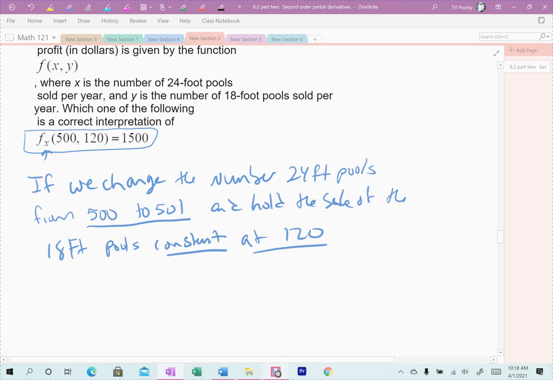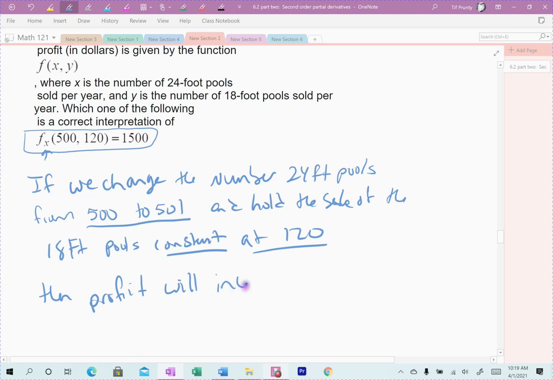So if that happens, I'm selling exactly 120 18-foot pools. I sell the one more, and the one more is going from 500 to 501. That one more sale, so that's one more in the bigger pools. Then profit will increase. There's an additional gain or increase in profit, however you want it.